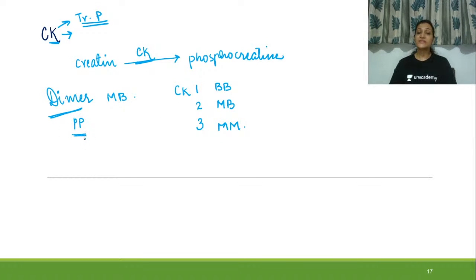Now, when we were discussing LDH, we also saw which tissues it is present in. So here we will see in which kind of disorder its concentration increases. CK1 increases in brain infection. CK2 increases in myocardial infarction.